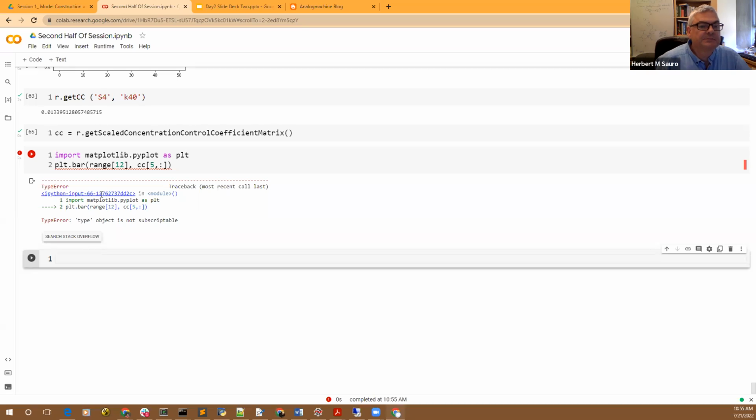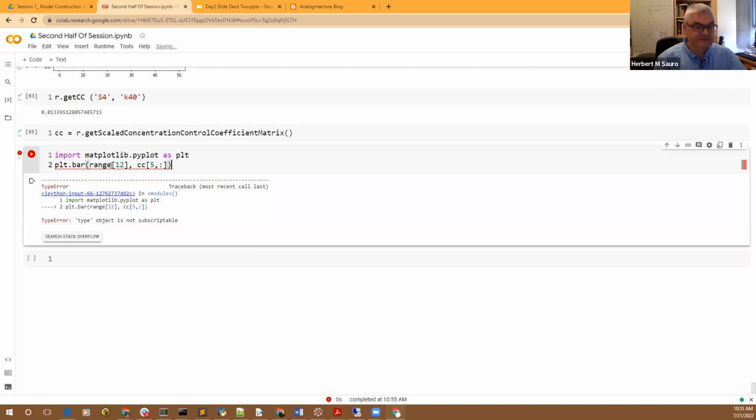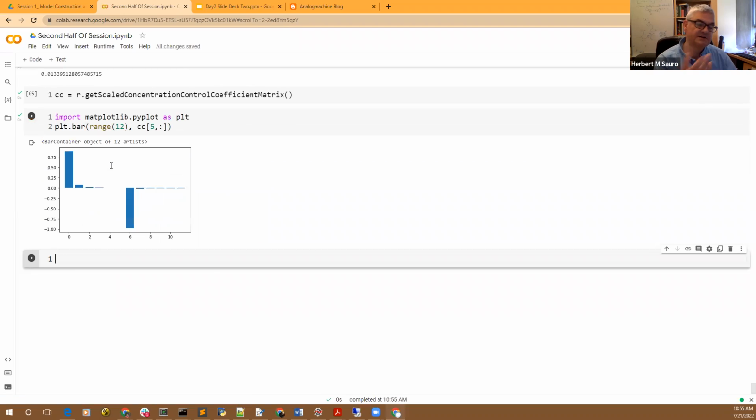What do you mean, it's not scriptable? That's right, you're right. It expects a list here, which is the ordinal value along the x-axis. There it is. So that's how the sensitivities for species S5 along every step change.